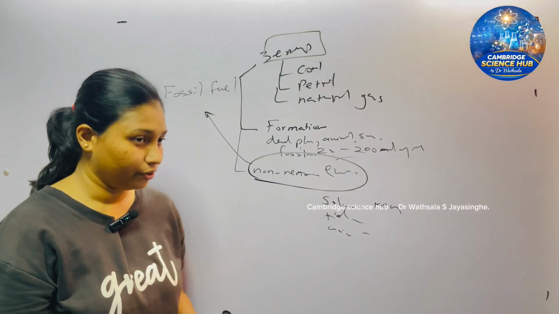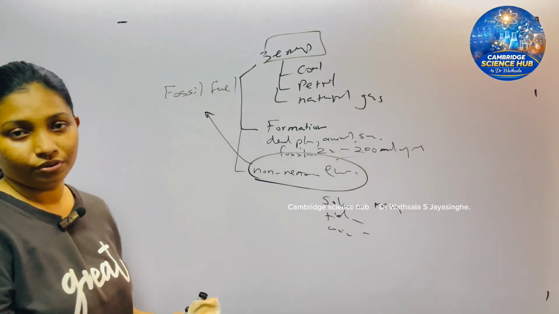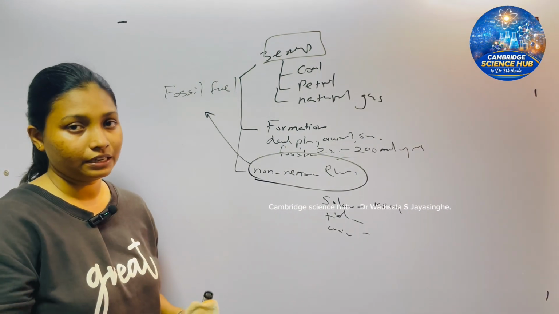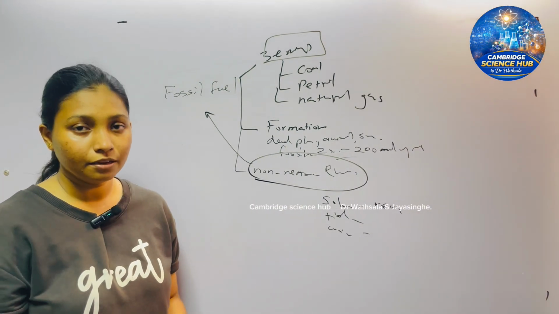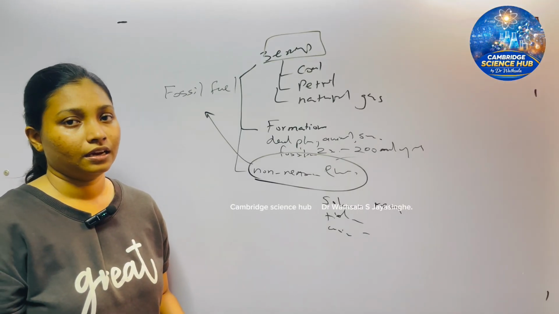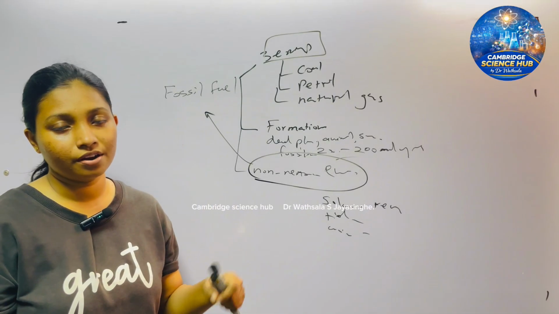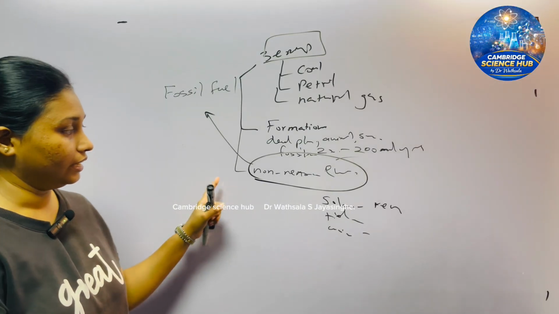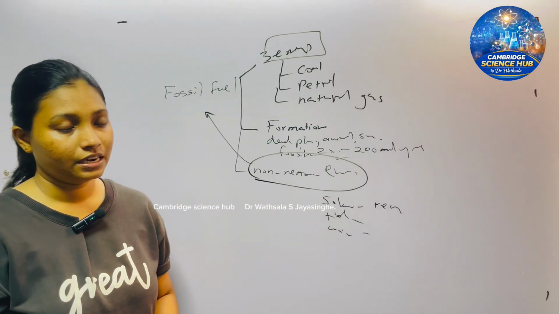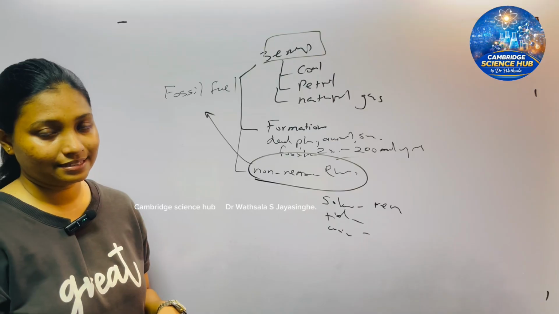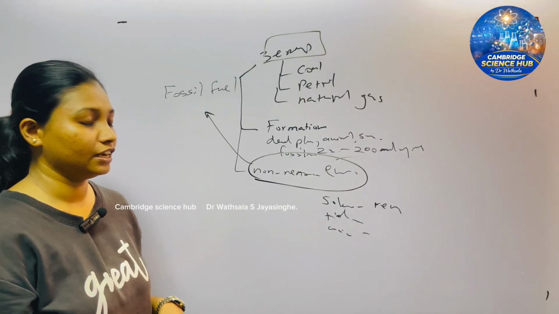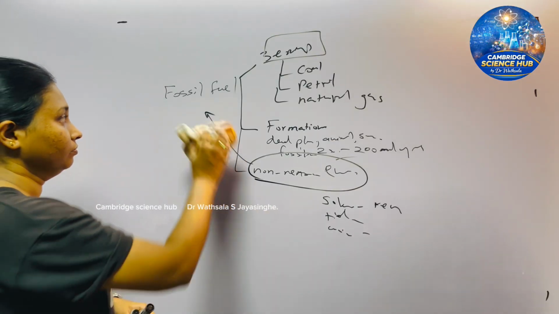Write down the next point. These fossil fuels are formed from the dead plants and animals through the process of fossilization that happened 200 million years ago. And the next star mark: fossil fuel is a non-renewable energy.